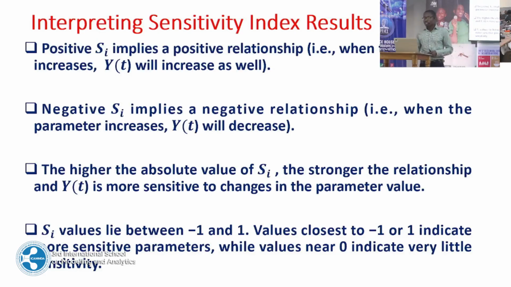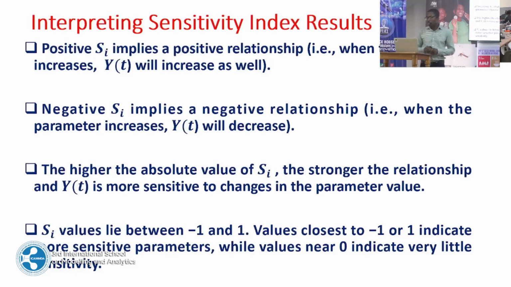And if it's a negative SI, it means that there's a negative relationship. That is, if I increase the parameter, the output will decrease. Then, the higher the absolute value of SI, the stronger the relationship.